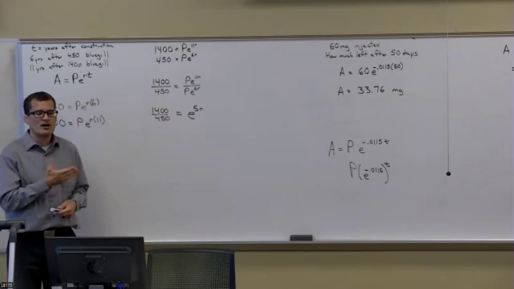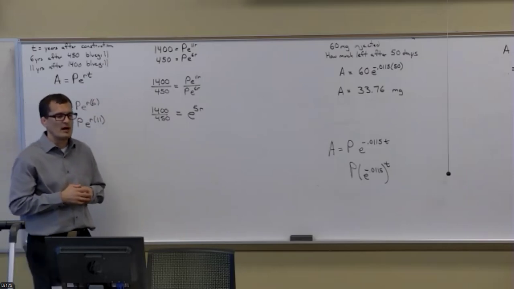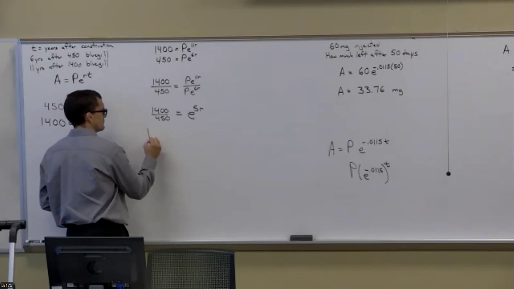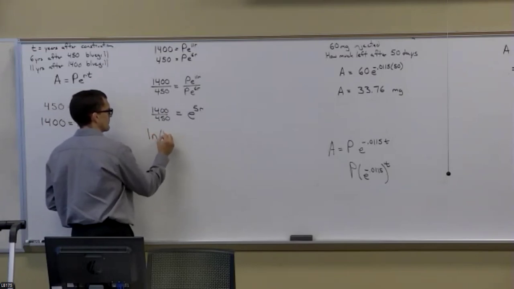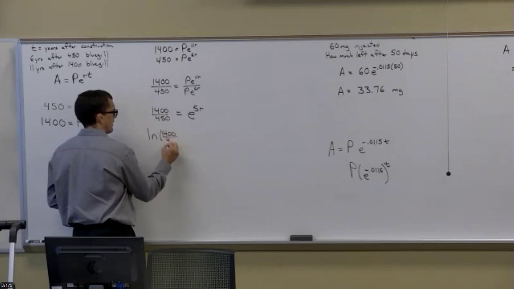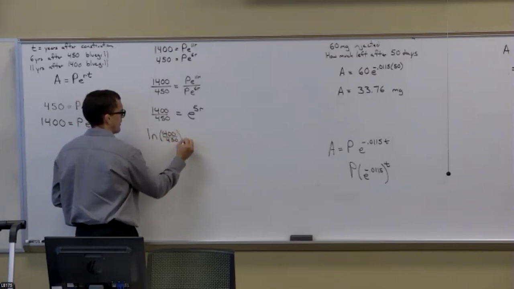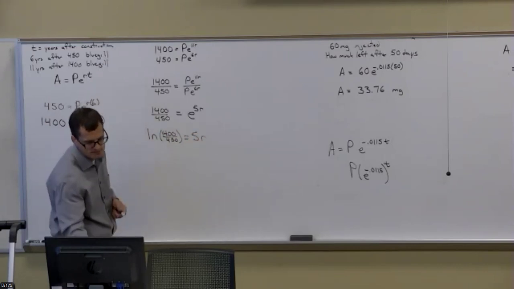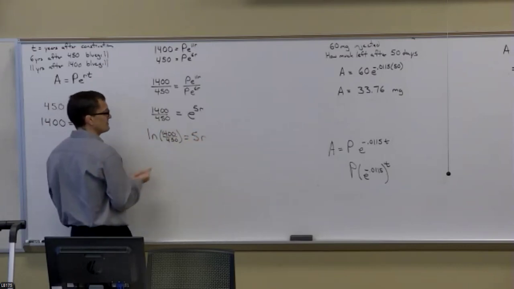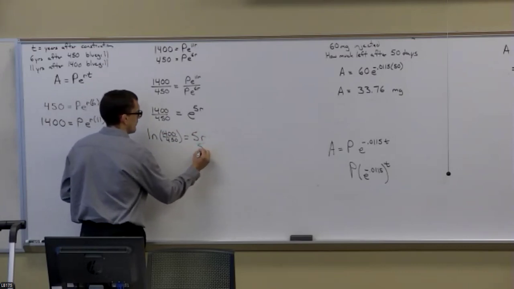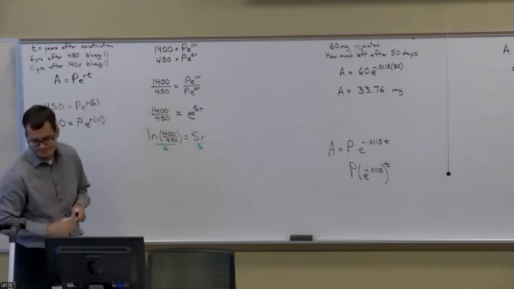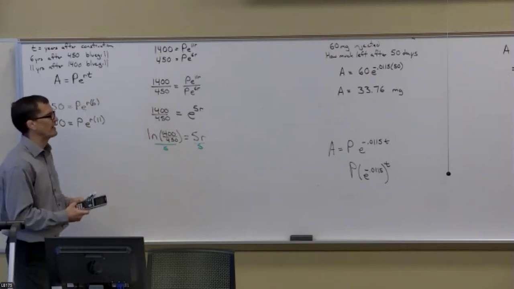And now we can solve this. Apply natural log to both sides. And then divide both sides by 5. And that's going to give me my rate.